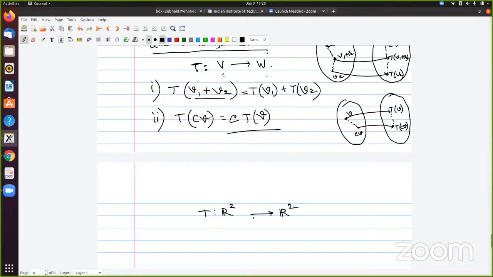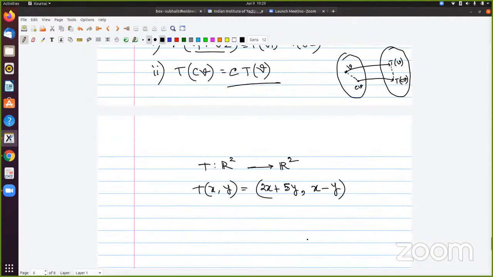Both of these are the vector space R2 with usual addition and scalar multiplication. Suppose I am defining T of x comma y as 2x plus 5y comma x minus y. I can define it like that.